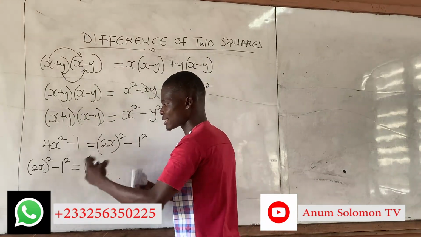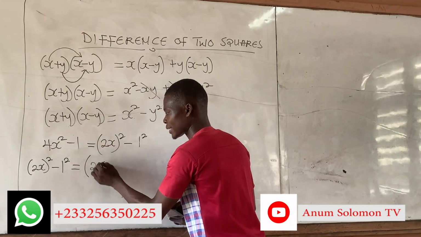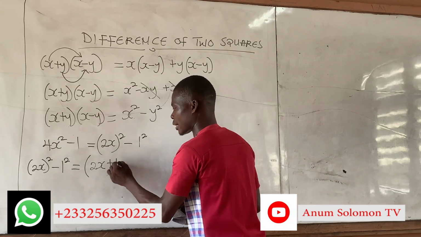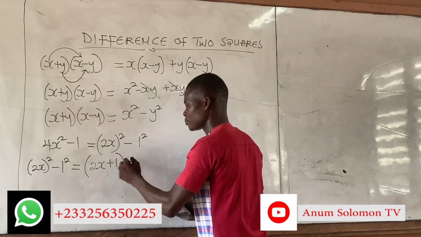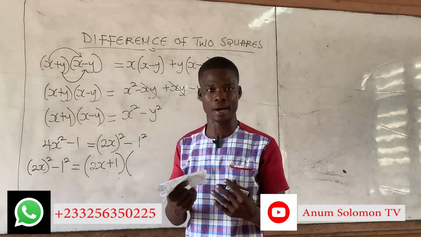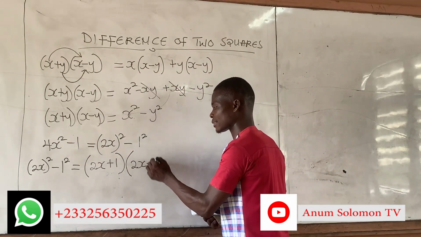So let's consider the sum of the bases. The base here is 2x, plus the other base is 1, that is the sum of the bases, times the difference. Where is the difference? That's the minus of the same bases, that's 2x minus 1.